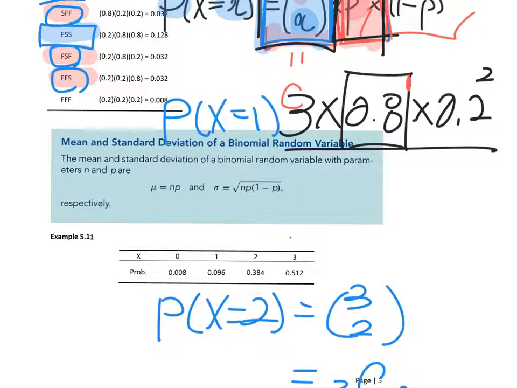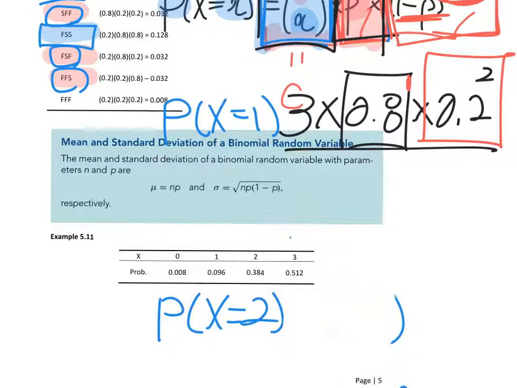Then what is the last term? The probability 1 minus p is the probability of failures. And n minus x is now the number of failures. So the second term is for success. The last term is for the failures, for this one. The same idea for x equal 2, which was 2 successes.